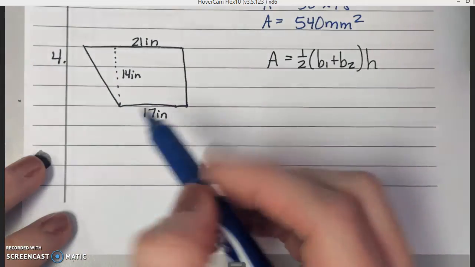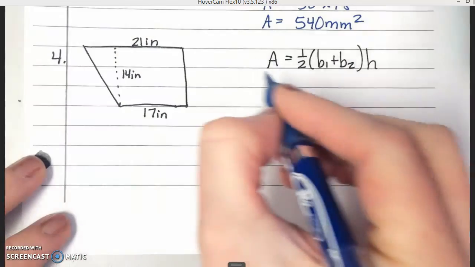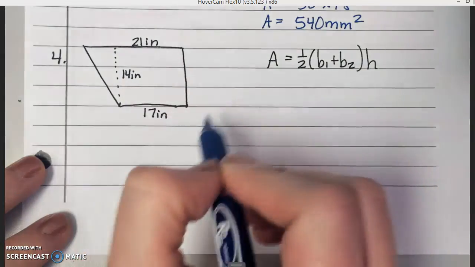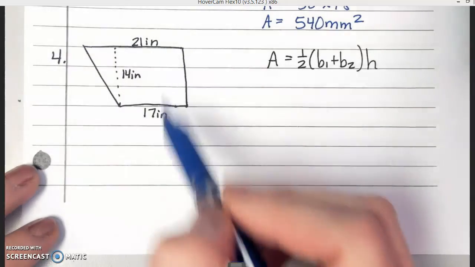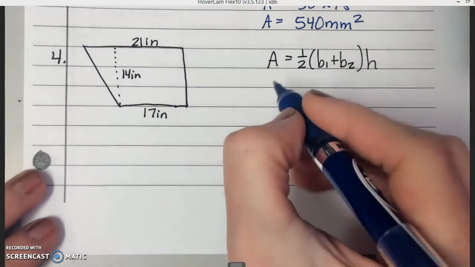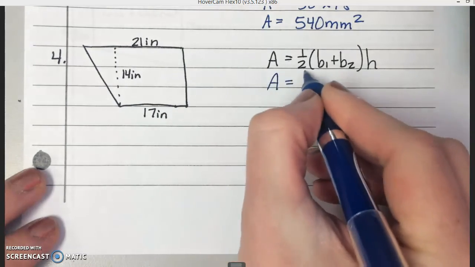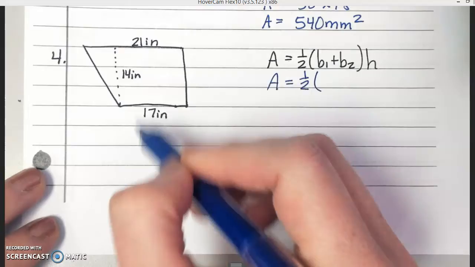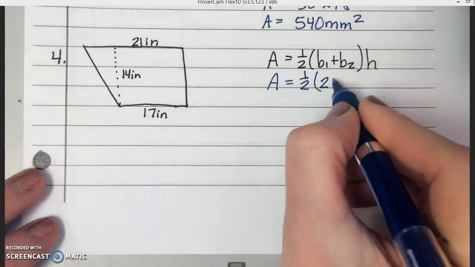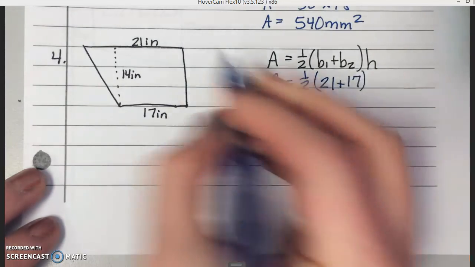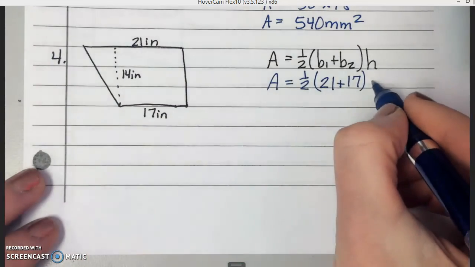Okay, so here's number 4. Here's my formula again. I'm trying to find area, and I know that because I can see I've got my bases and my height. So area equals half. My bases are those parallel lines, and my height is this dotted line here.